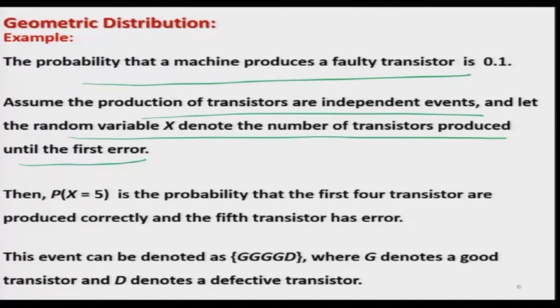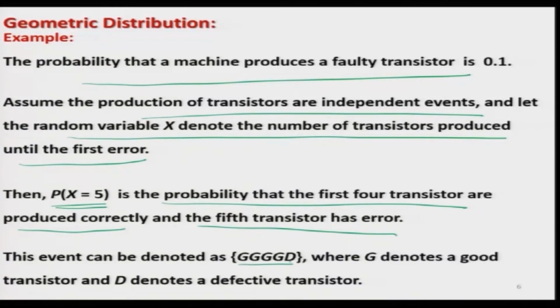If you want to find the probability that X equals 5, this is the probability that the first 4 transistors are produced correctly and the 5th transistor has an error. We can denote such an event by G, G, G, G and D, where G means good and D means defective.